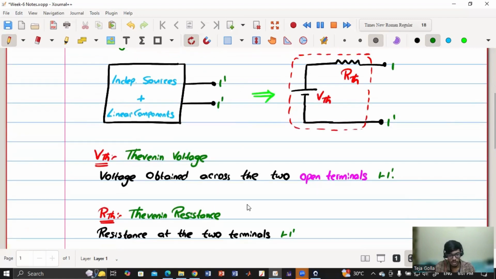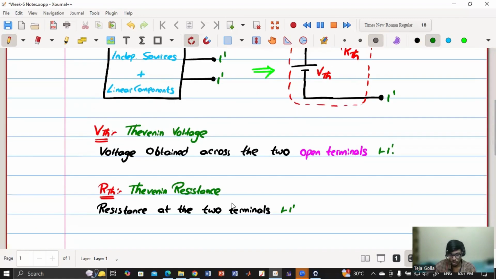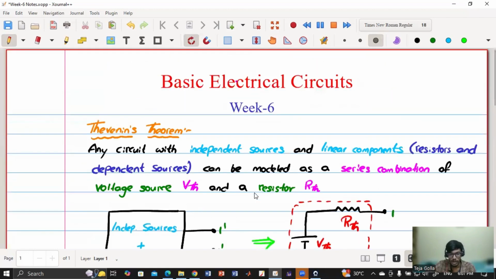That resistance is called the Thevenin resistance, the resistance at two terminals 1 and 1 dash considering the independent sources equal to 0. If there is any voltage source, we short circuit it. If there is any current source, we open circuit it. This is a very simple theorem. We'll solve one problem and understand how it is used.